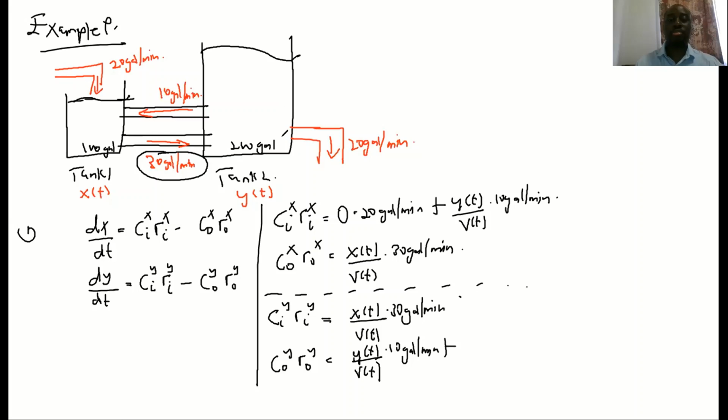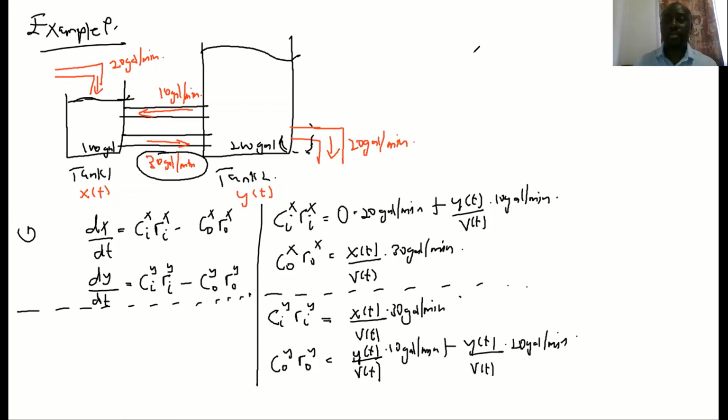Plus, there's also brine being pumped out of tank 2 at a rate of 20 gallons per minute with a concentration of the amount of salt in tank 2 divided by the volume of tank 2. So we have all the information that we need, and we can write down our differential equation.